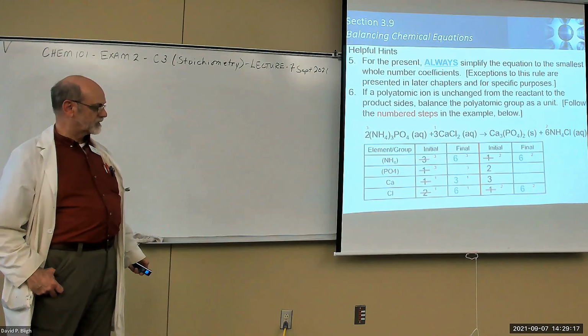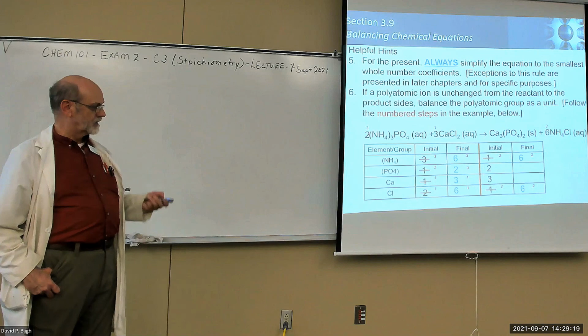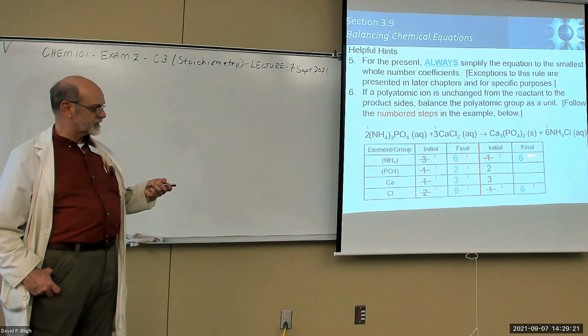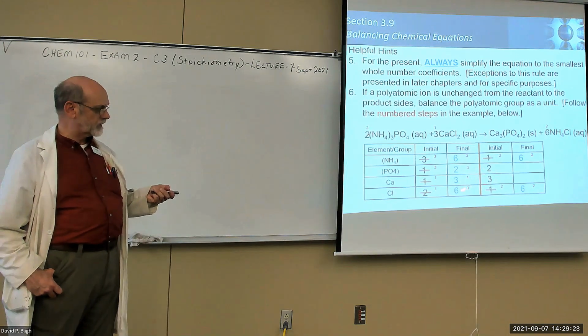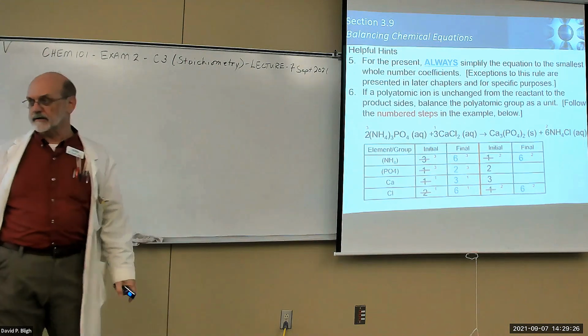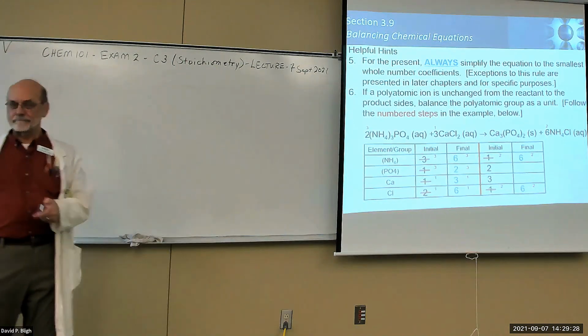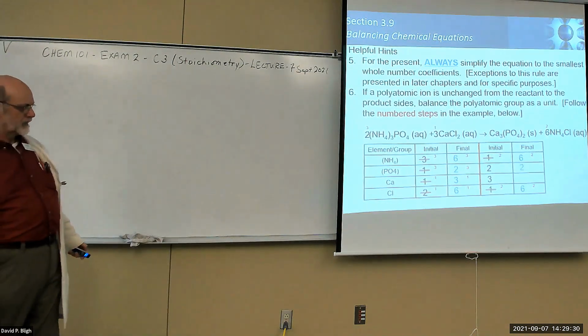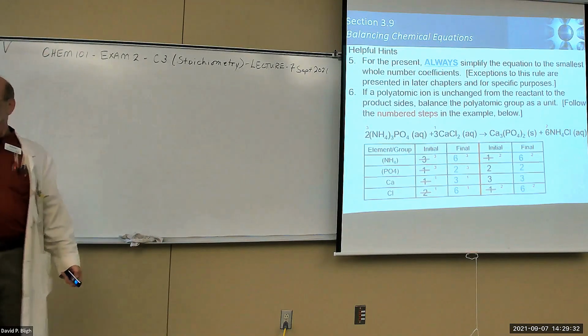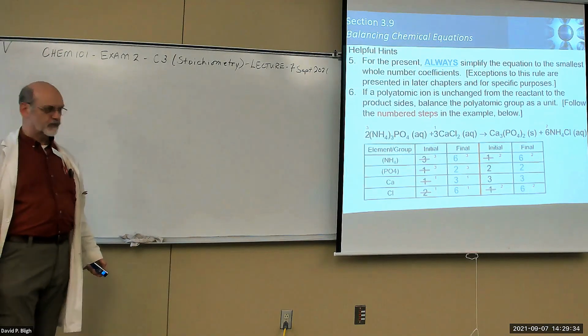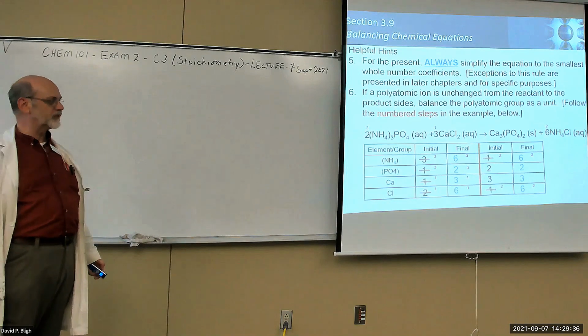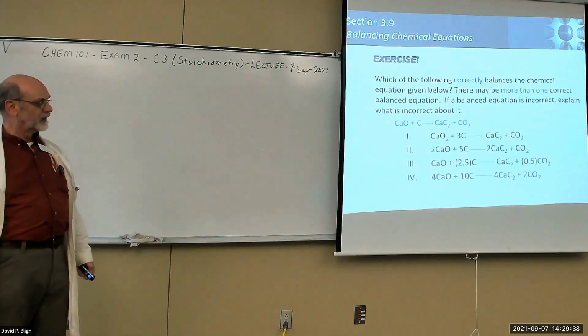Okay, so we keep tallying those guys. And look, 6, 6, 2, 2, 3, 3, 6, 6. We're balanced. Oh, there we go. Now we're pretty balanced. Blues all around. Okay.